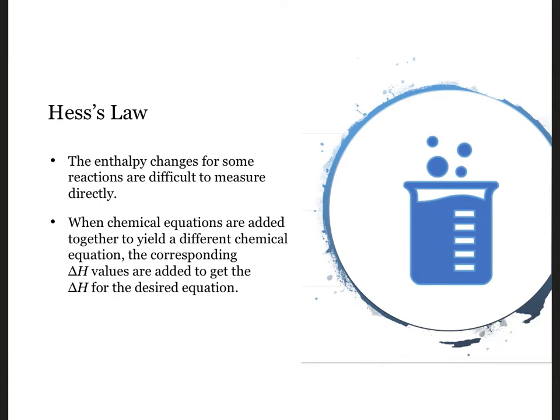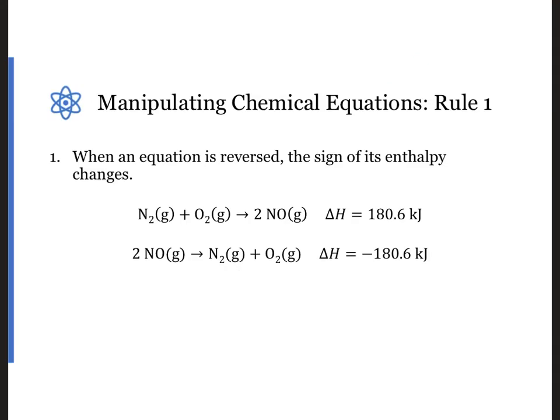Regardless, Hess's law allows you to calculate enthalpy values using the enthalpy of a series of related equations. As we'll see in a moment, when chemical equations are added together to yield a different chemical equation, the corresponding delta H values are added to get the delta H for the desired equation.